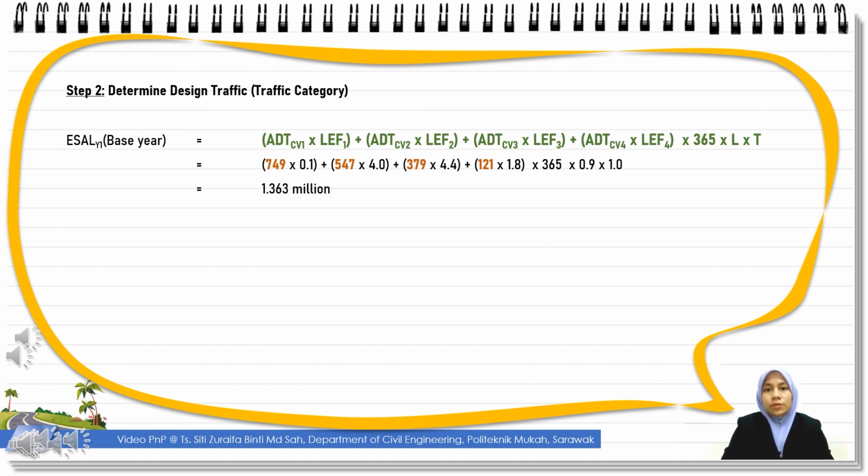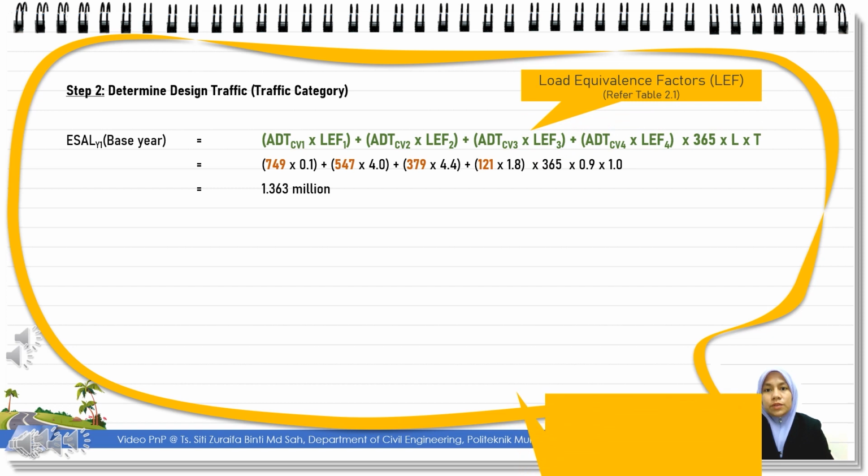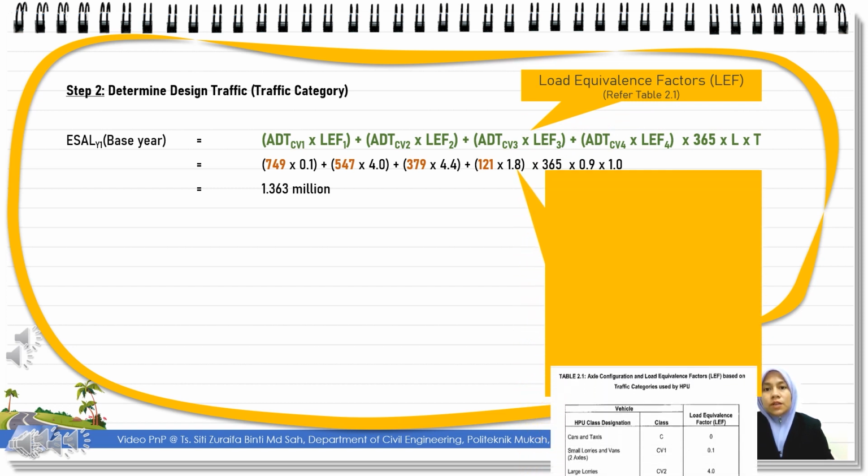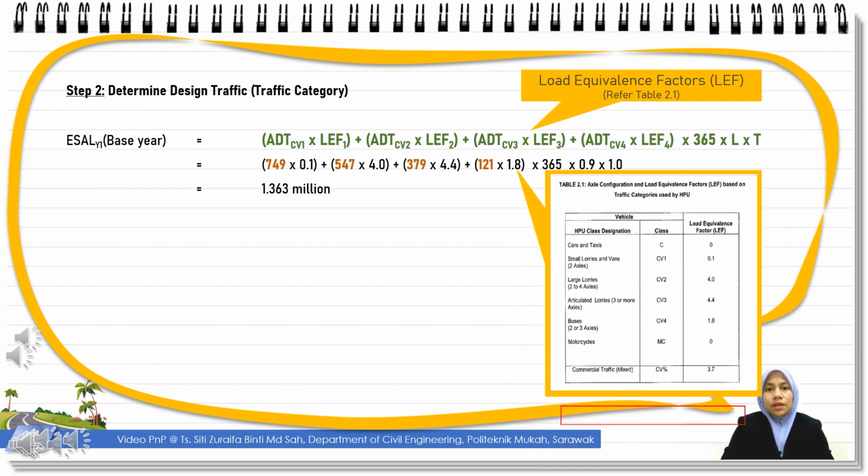To get the value of load equivalent factor LEF, you must refer to table 2.1. From table 2.1, if your HPU class designation is buses, your load equivalent factor LEF is 1.8.